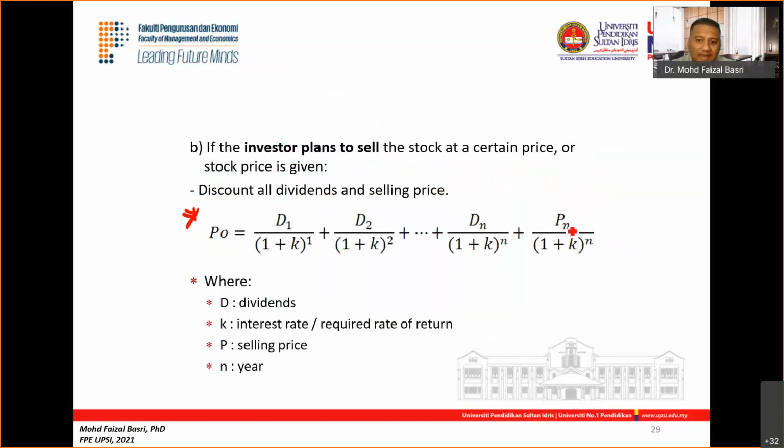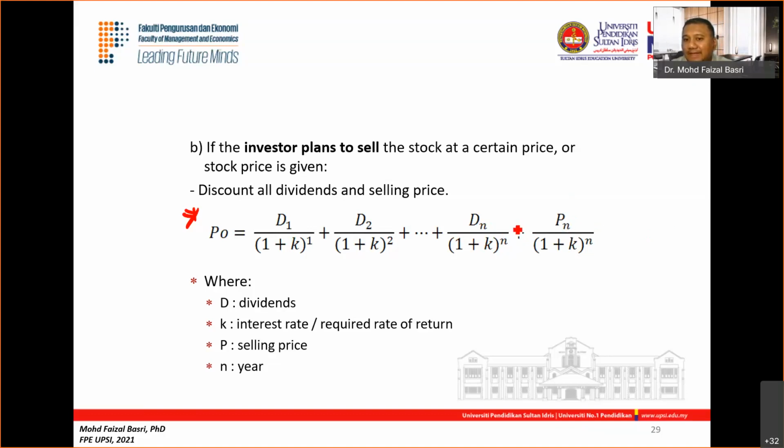Again, I use N here, which refers to the same N here. If we have 5 years of dividend, meaning we have up until D5, we divide this D5 by 1 plus K to the power of 5. Our price at the end here is referring to P5 as well. So this N must be consistent.